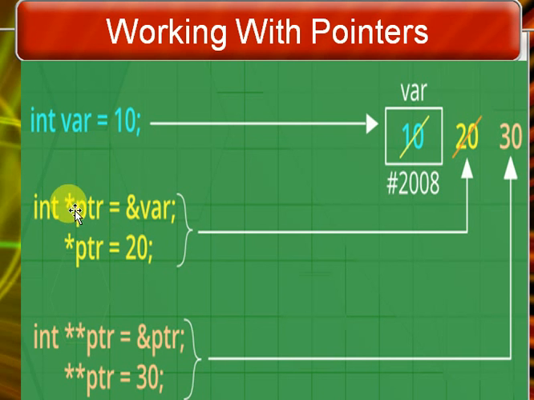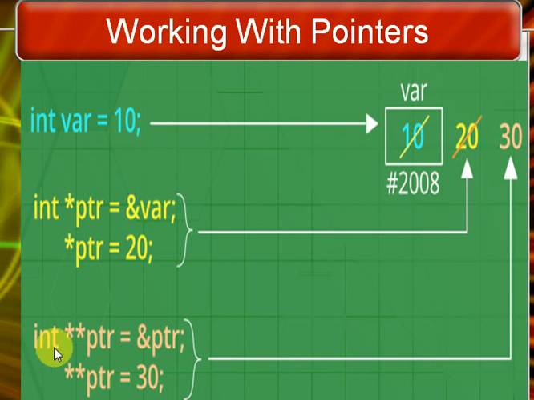This star shows declaration of the pointer variable, and this star shows storing of a value at this variable, that is, storing the value 20 instead of 10 at this address with this name or label.